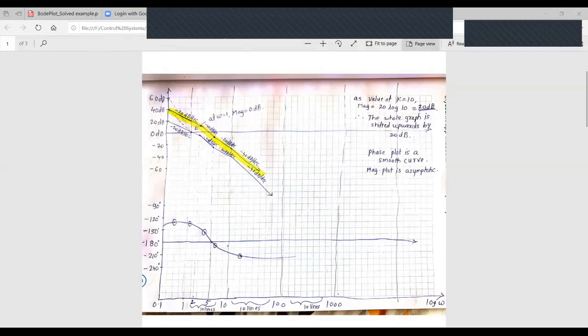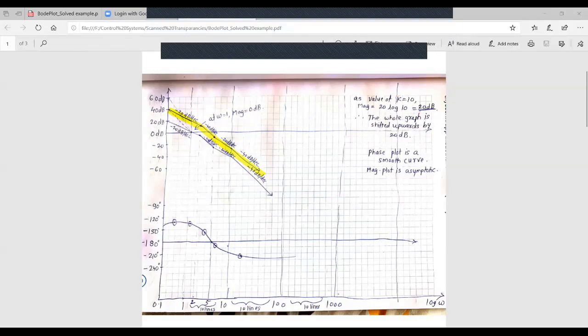Okay, so now this is the phase plot. Please understand, this phase plot is a smooth curve. I have drawn this particular curve from the phase table. The phase equation we wrote yesterday, and by substituting various values of omega, we calculated the phase.